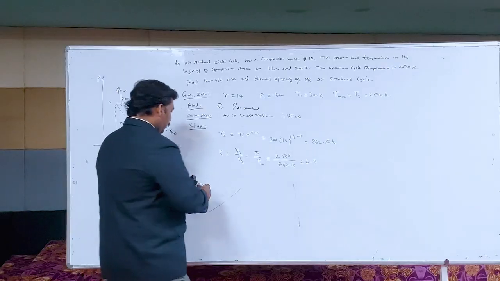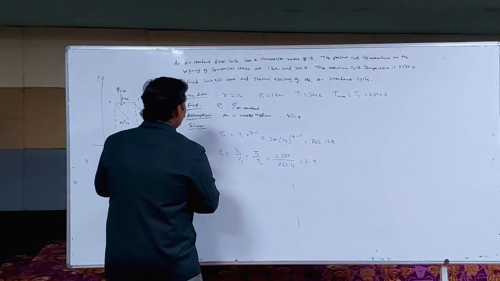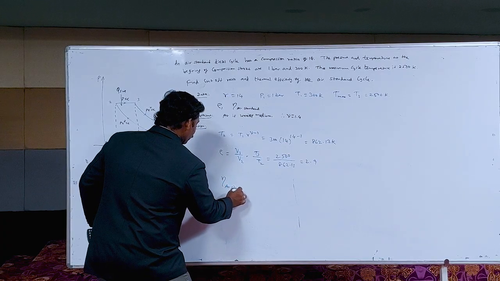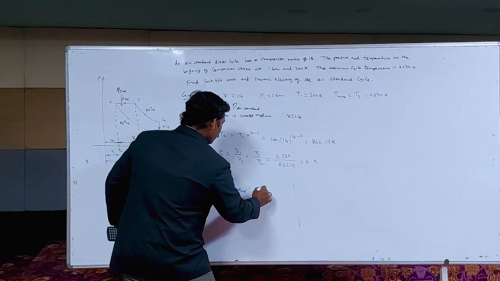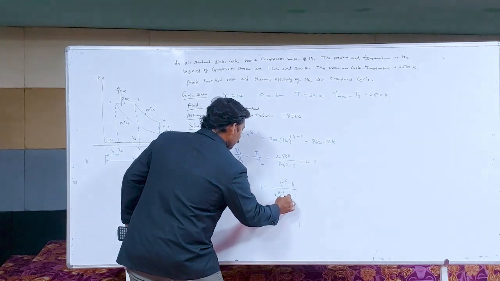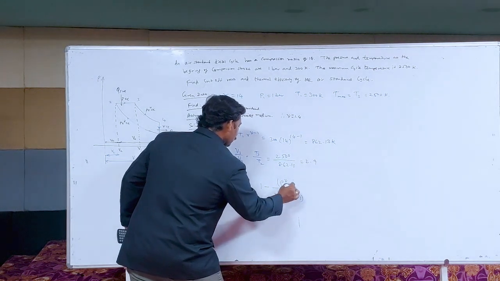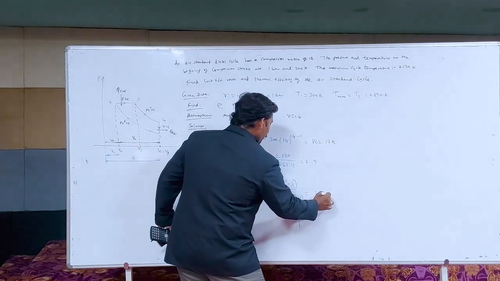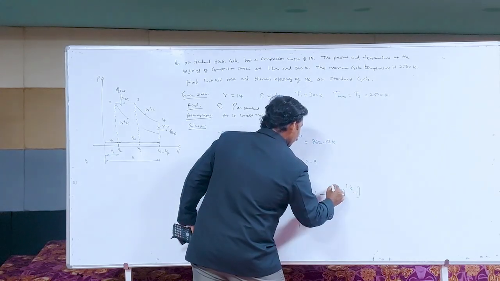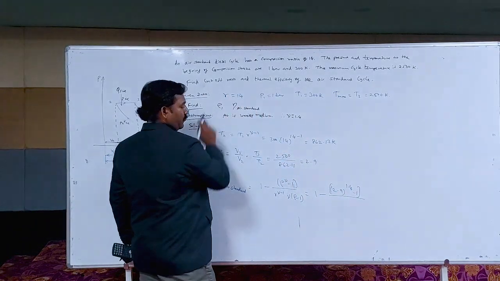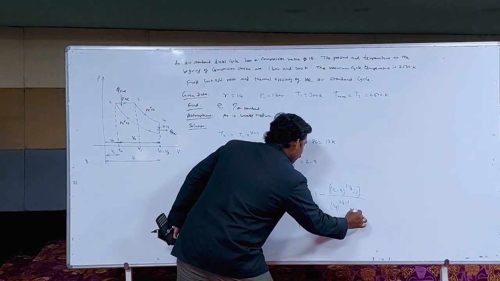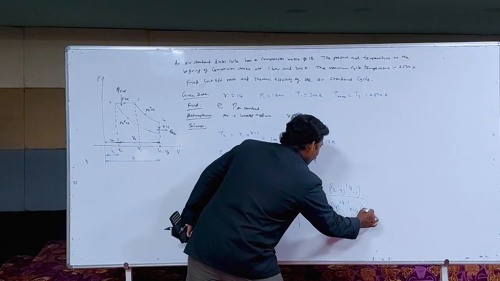Now we have to find out the efficiency of the air standard cycle. So efficiency of the air standard cycle is equal to 1 minus rho power gamma minus 1 divided by r power gamma minus 1 into gamma into rho minus 1. So we substitute the values: 1 minus 2.9 power 1.4 minus 1, divided by 14 power 1.4 minus 1, into 1.4 into 2.9 minus 1.